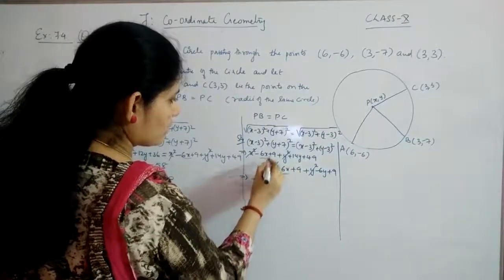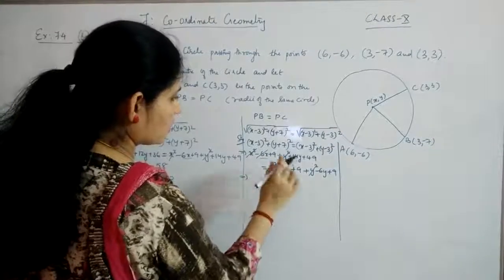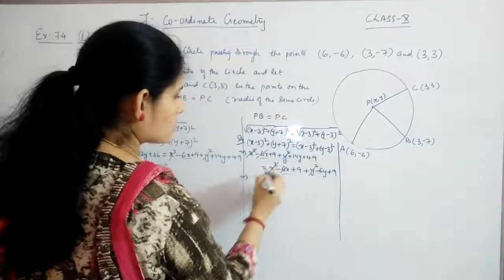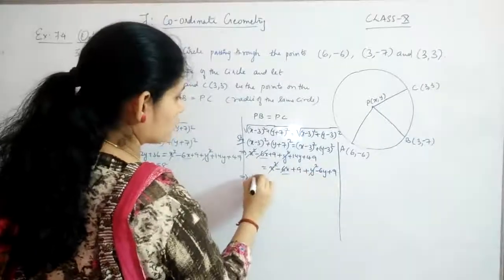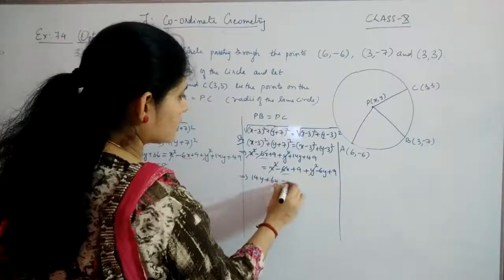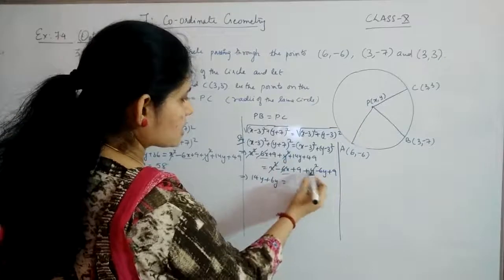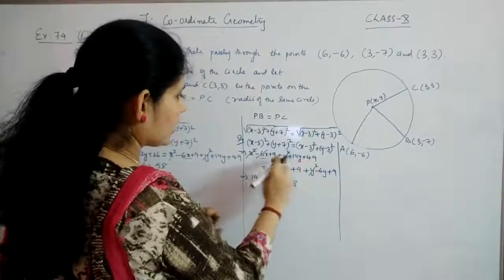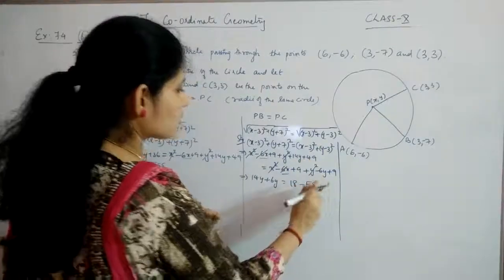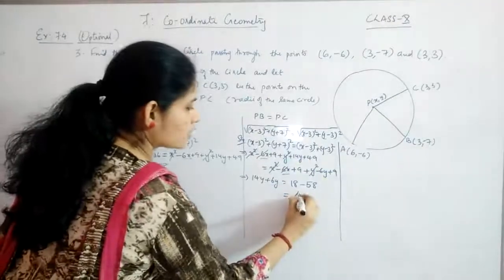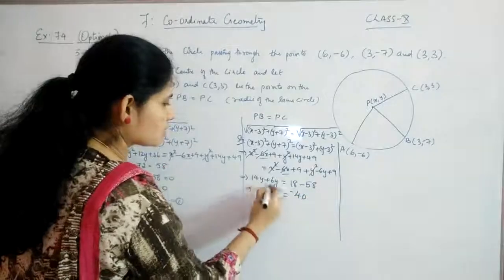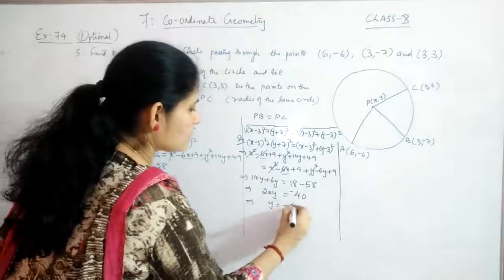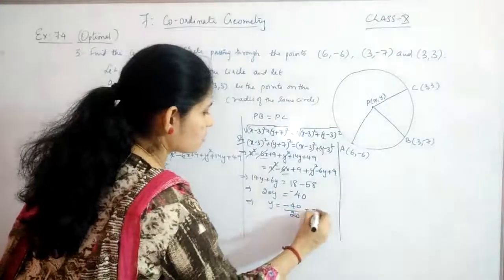This will give you again cancelled. Okay, so x term is gone. Now you will get 14y here, and here you have minus 6y. So it will give you 14y plus 6y in the left hand side, and the remaining terms, here you have 9, 9, 18, and 49, and this will give you 58. To the other side it is negative 58, so that it is giving you minus 40, and here it will give you 20y. So that y is equal to minus 40 by 20, it is equal to minus 2.